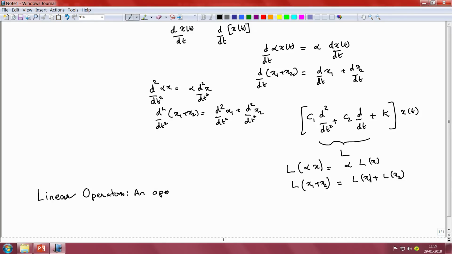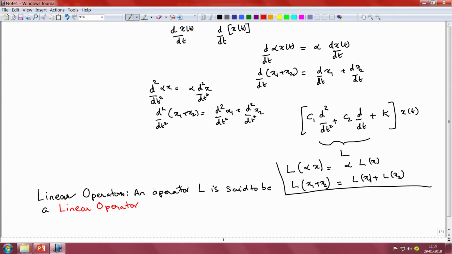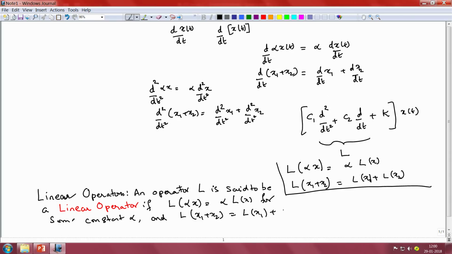An operator L is said to be a linear operator if L of alpha times x is equal to alpha times L of x for some constant alpha, and L of x1 plus x2 is equal to L of x1 plus L of x2.